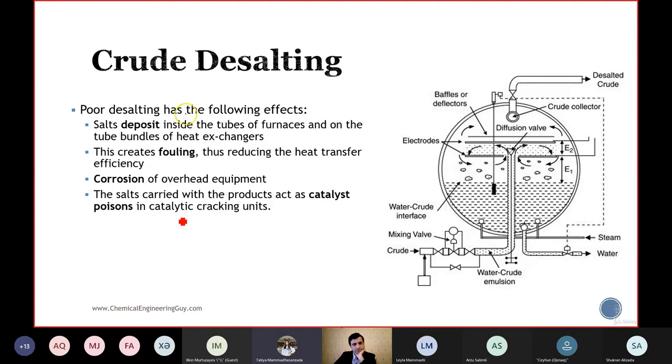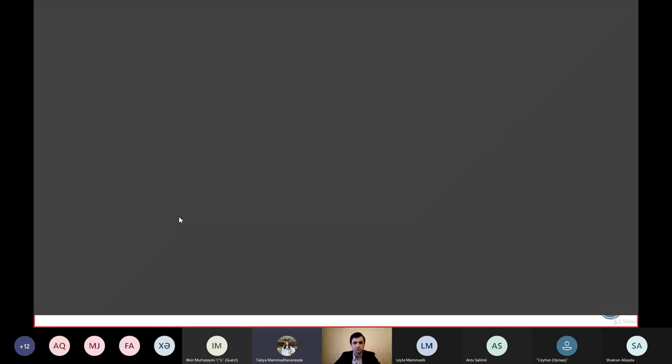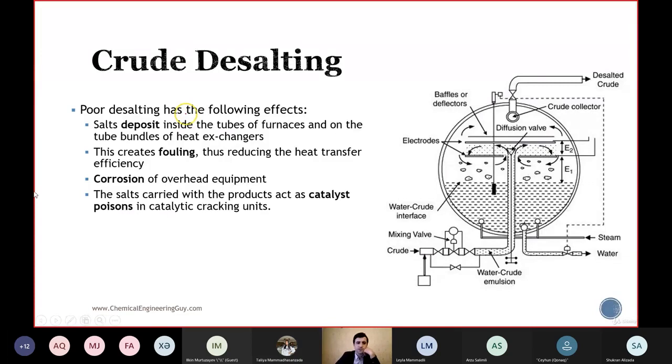Because inside the crude oil, we have chloride salts, or let's say some impurities. That's why we need to dissolve it, because then it will affect the corrosion in the pipelines. Yes, exactly. Thank you. So the salt can deposit inside the tubes of the furnaces. Your answer was one of the 3 or 4 possible answers.